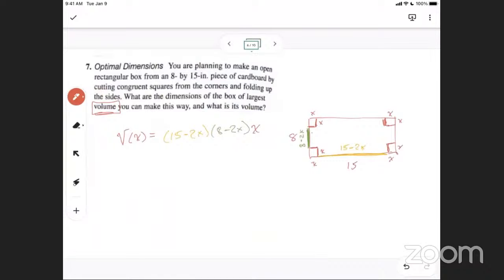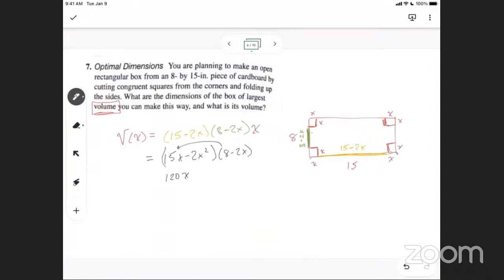Good. So when I distribute this out, let's do it like this: 15x minus 2x squared times 8 minus 2x. And now let's distribute. What's 8 times 15? 80 plus 40 is 120. Check me, please.